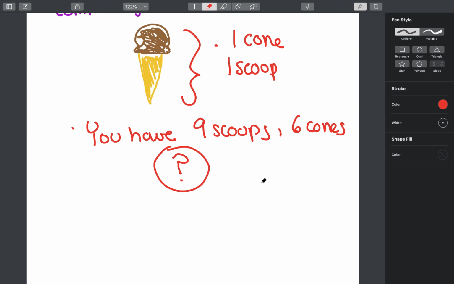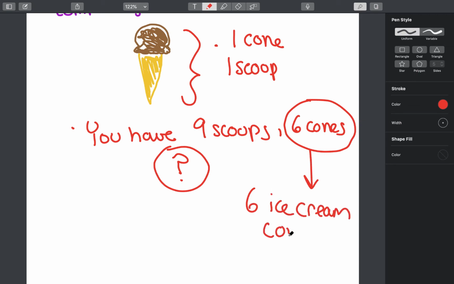Well, the amount of ice cream cones that you could make depends on whichever thing that you have less of. In this case, you have fewer cones than ice cream. So therefore, it's the amount of cones that determines the amount of ice cream cones that you make. So you can't make 9 ice cream cones, you can only make 6 ice cream cones.